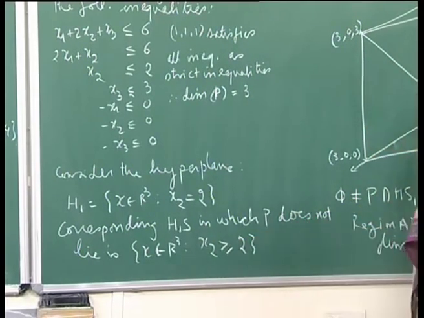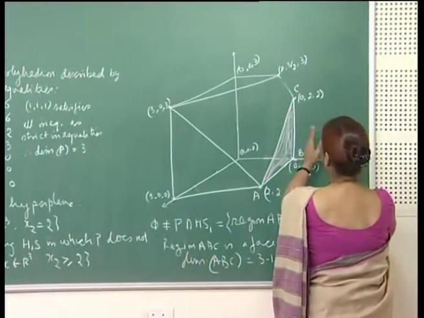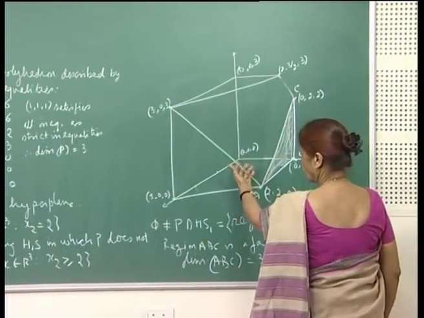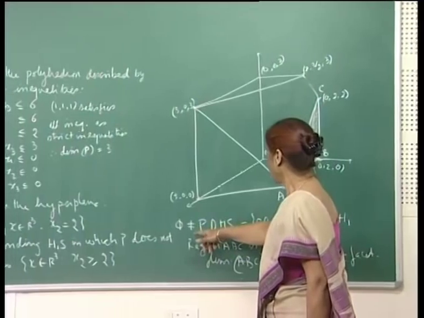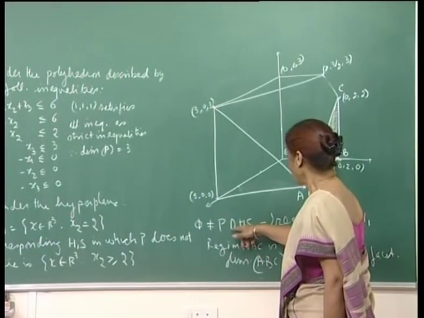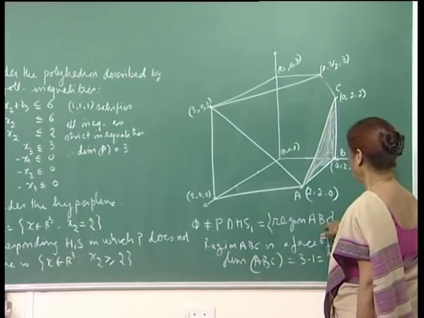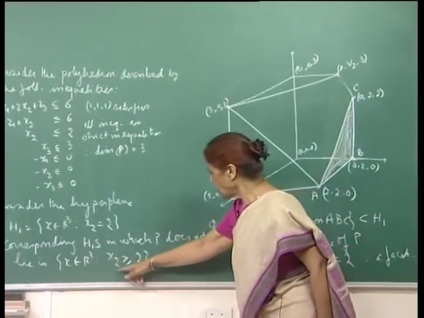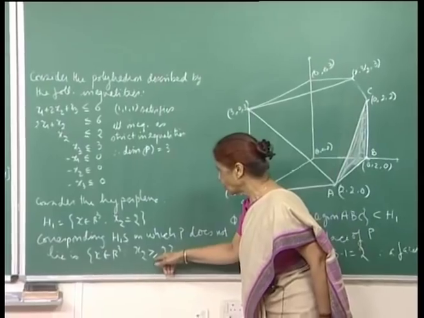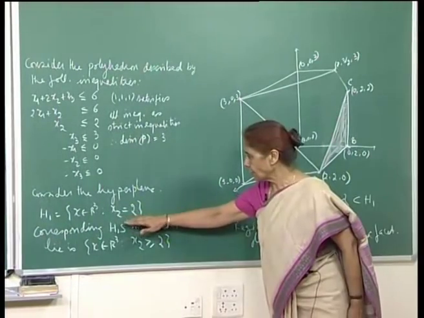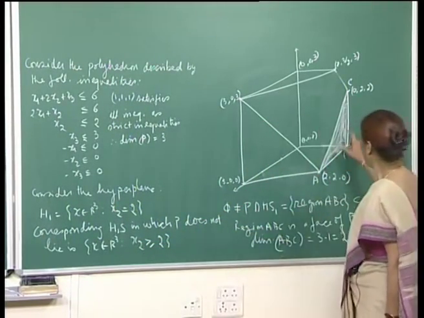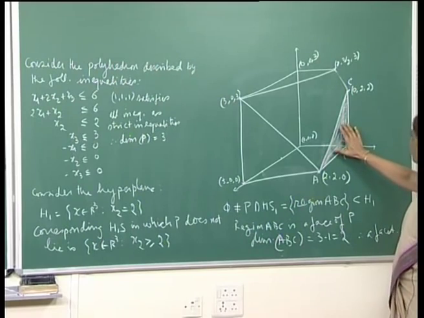Then you see that x2 greater than 2 is this side, and P does not lie on it, right? And x2 equal to 2 is satisfied by points on the polytope, right?